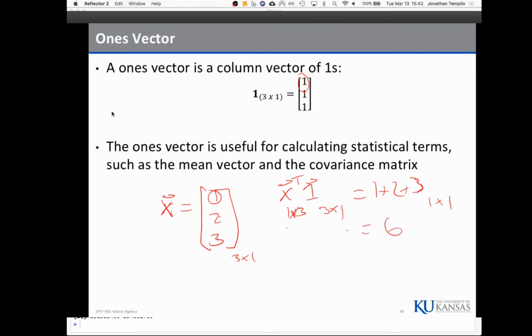So quickly, if you wanted to find the sum of a variable x, it's actually equal to that variable x transpose times 1. You can quickly build sums in matrices with the ones vector, because matrix algebra involves multiplying and then summing things together. So if you code in 1s in the thing you're multiplying, the sum is 1 times all the numbers in your matrix.